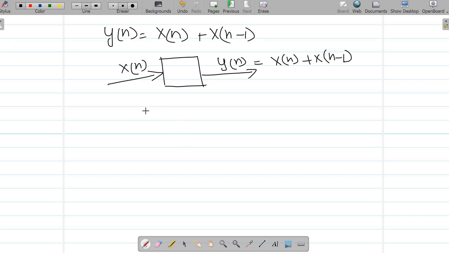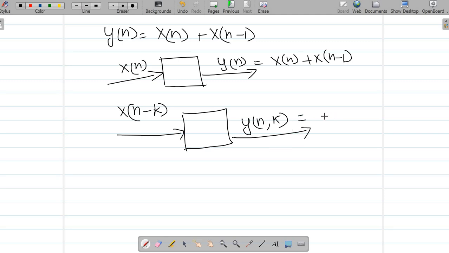Now next I pass a time shifted input and I get an output which is y of n comma k.